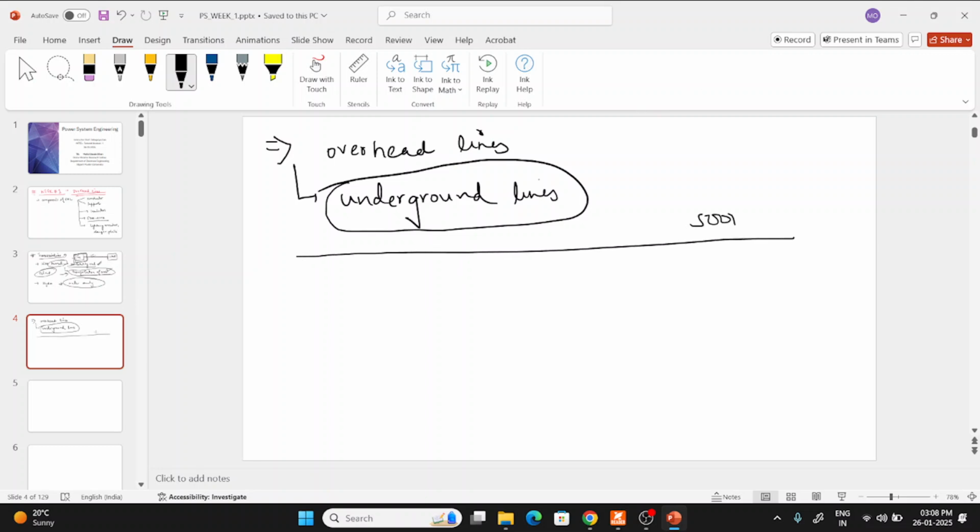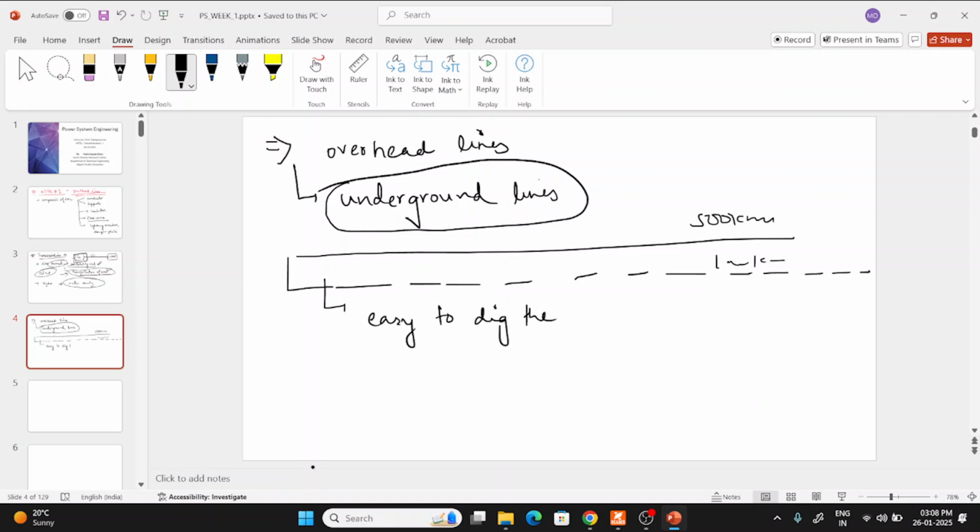for more than 500 kilometers or like 1000 kilometers, then we have to dig the ground for so much length, and it is not very easy to dig the ground, because there will be some places where residential areas will come.